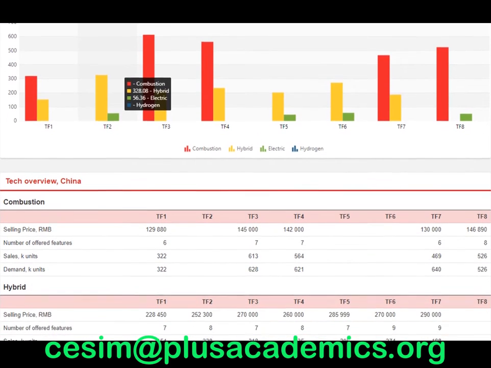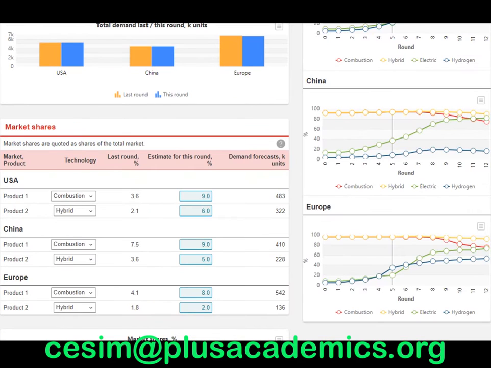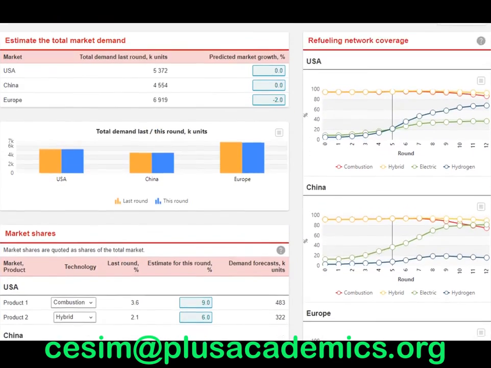In China, the same case. As you can see, the average of all other companies was above 400, but we only sold 322. So that is the reason why in China we estimated to sell 410 units, because it is achievable. The same applies to hybrid, and also in Europe, the same case applies.